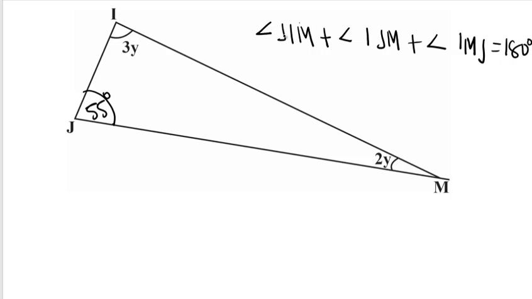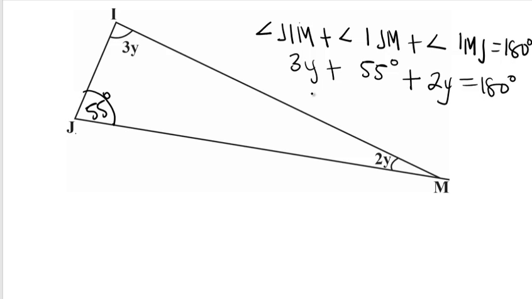If that is the case, angle JIM, which is the 3y, plus angle IJM, and that is the 55 degrees, plus angle IMJ, and that one too is 2y, is supposed to be equal to 180 degrees.